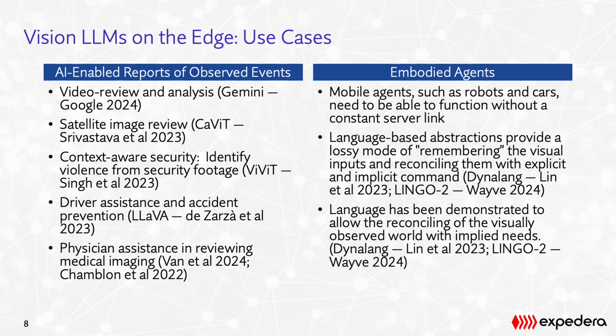So as we said, these embodied agents, it's a huge area for these models to go to the edge. And the ability to have a language-based abstraction of what you see to be the way that you record or remember visual inputs means that you can end up handling way less data than you would have originally.